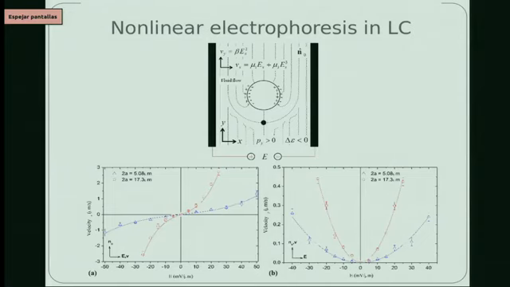This is a very brief summary of our previous results. You put a particle in a liquid crystal, it forms some defects around the particle, and when you apply the electric field, the particle polarizes, and the particle moves with an odd power of the electric field in the same direction.